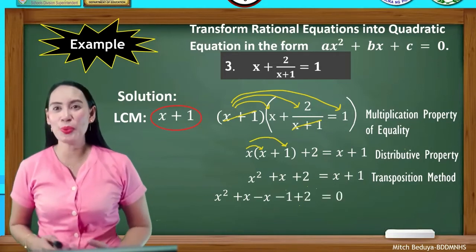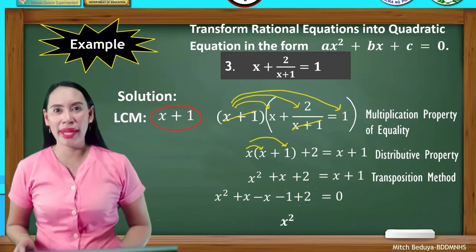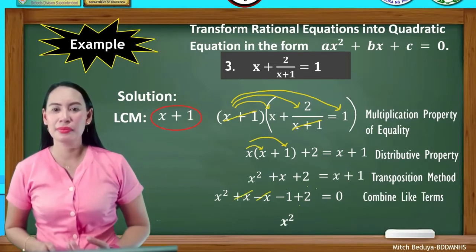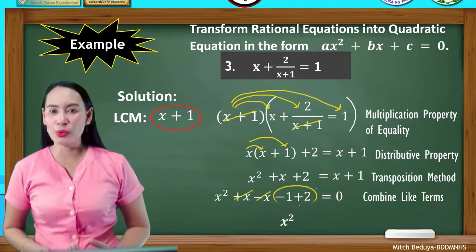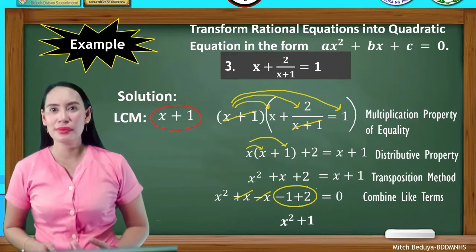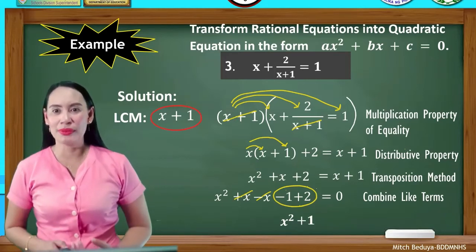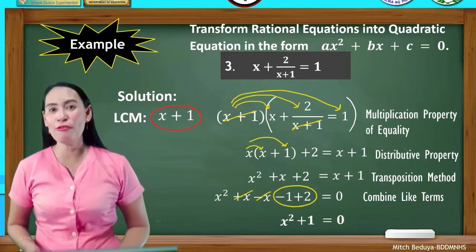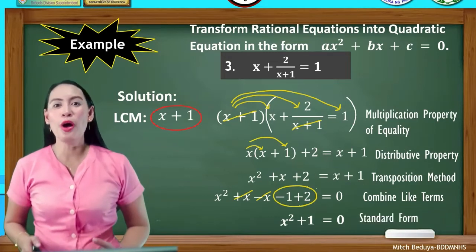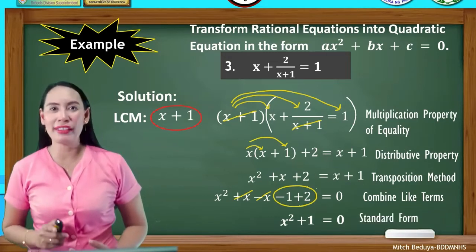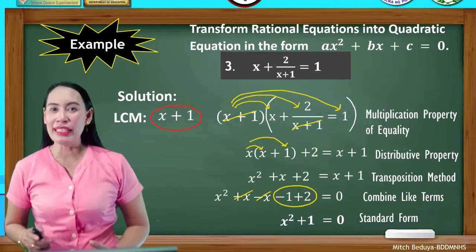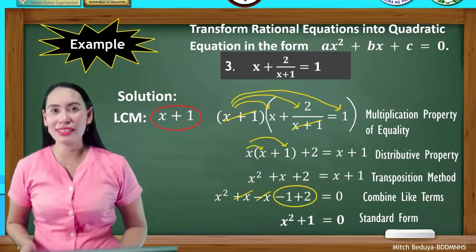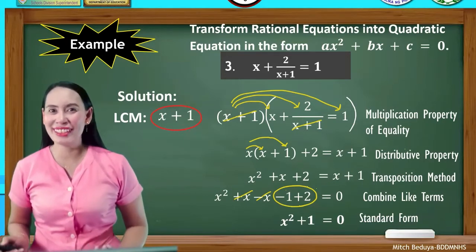Combine like terms, we have x squared plus 1 equals 0. So, the standard form of x plus 2 over x plus 1 equals 1 is x squared plus 1 equals 0.